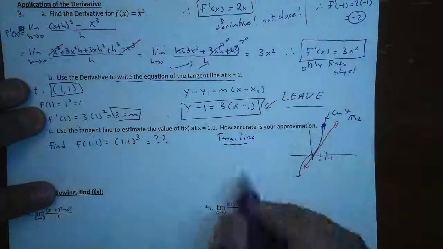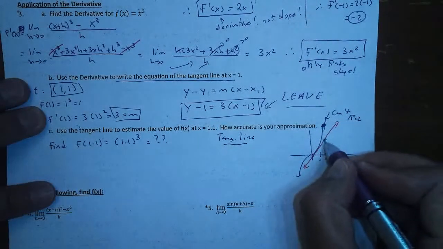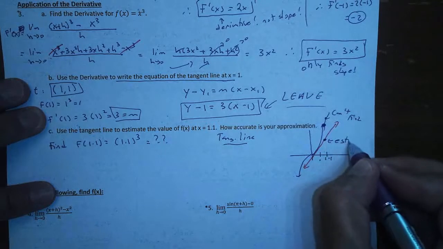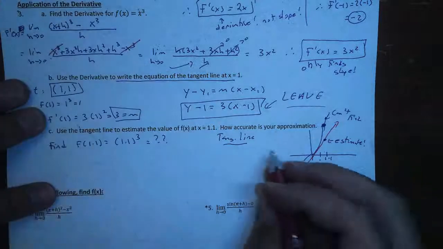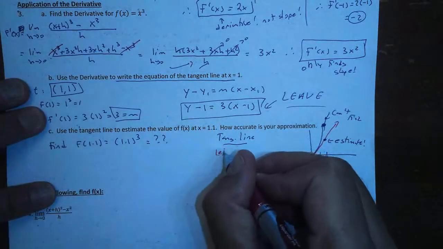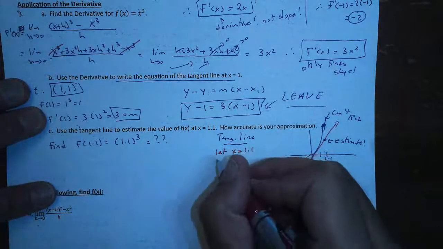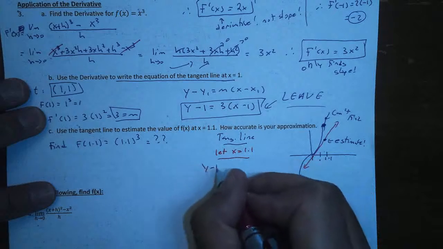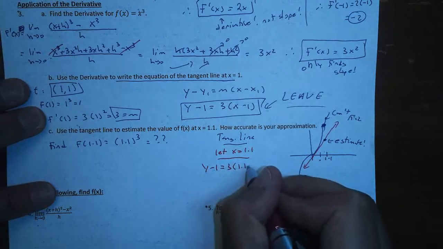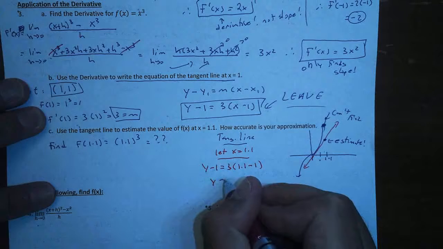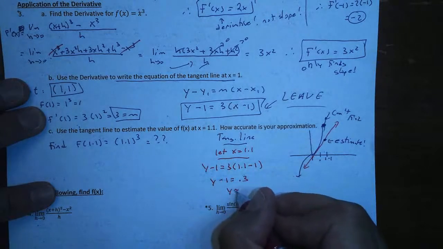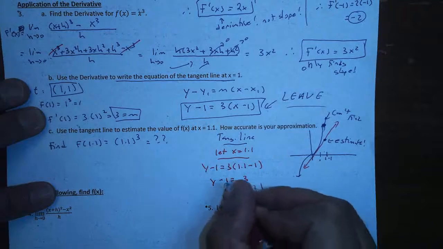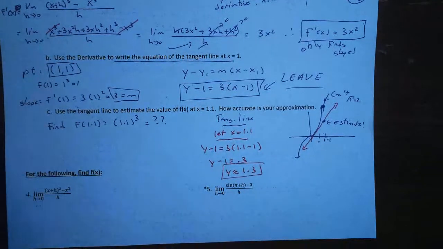Like I said, without a calculator it's kind of hard. But I can estimate the point on the tangent line. So what we're going to do is use our tangent line. We're going to let x equal 1.1, and I can plug it in. y minus 1 equals 3 times (1.1 minus 1). y minus 1 becomes 0.3, so y is about 1.3. That's my estimation right there.